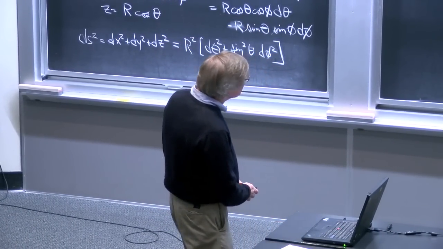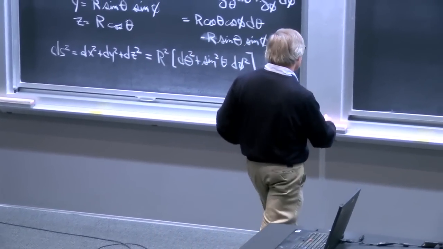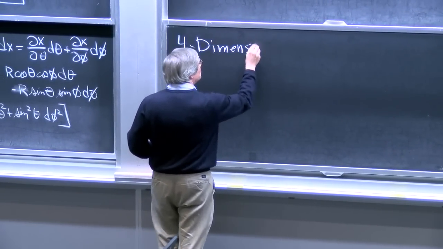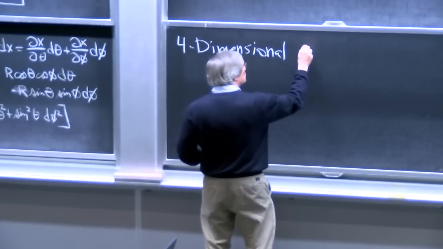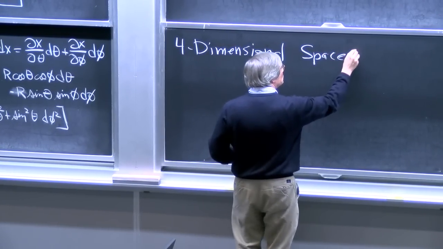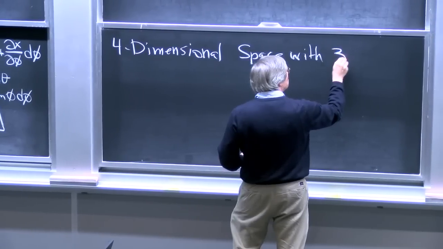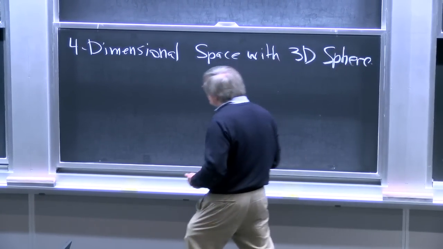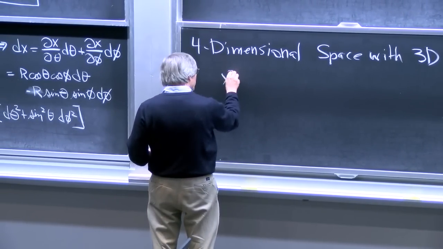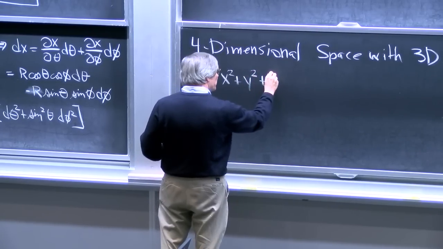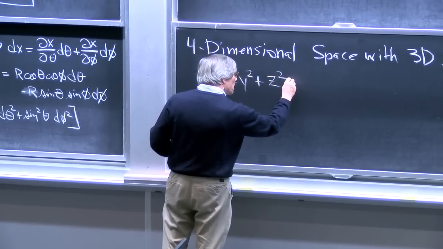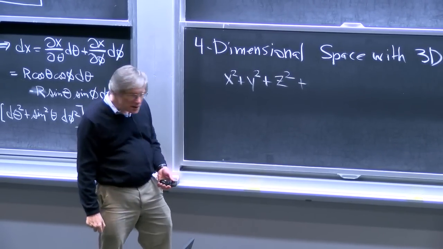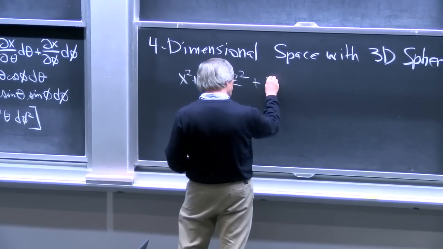So our sphere now will obey the equation x squared plus y squared plus z squared, plus we need a new letter for our new dimension in our 4-dimensional space, and I'm using w, x, y, z, and w.